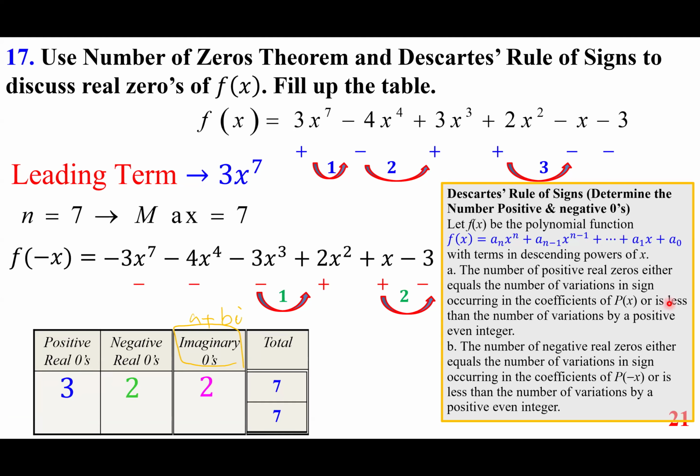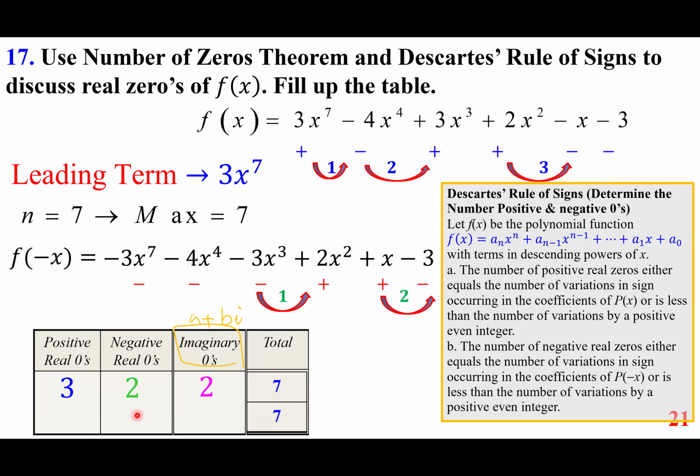And then when it says or is less than the number of variations by a positive even integer, what does that mean? That means this can be 3, or it goes down by 2, becomes 1, and then it can't go negative.